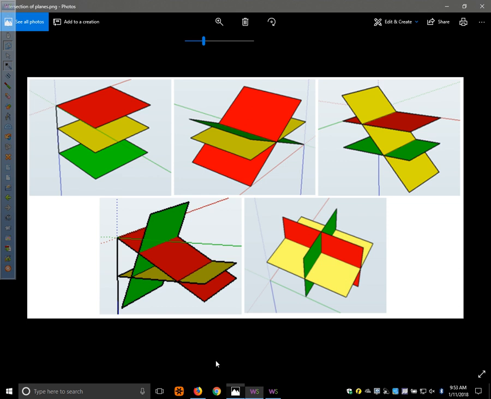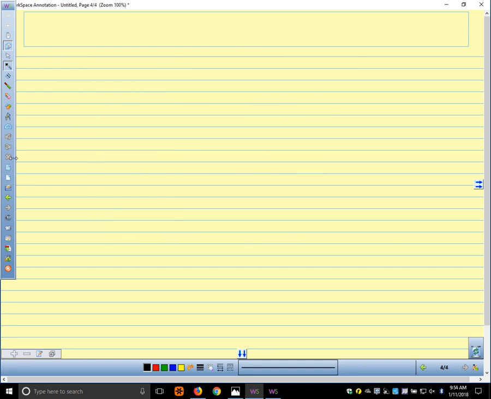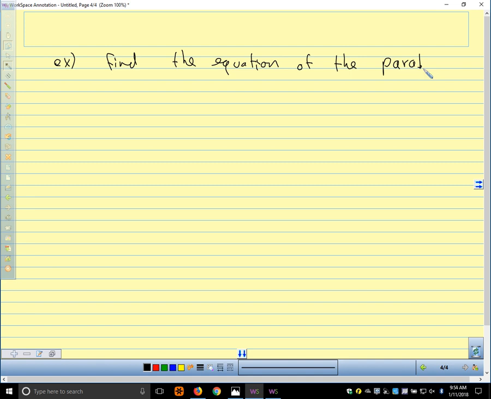Okay, the last thing I want to do is set up a specific type of problem that's a very, very typical three-variable system problem. We want to find the equation of the parabola y equals ax squared plus bx plus c.